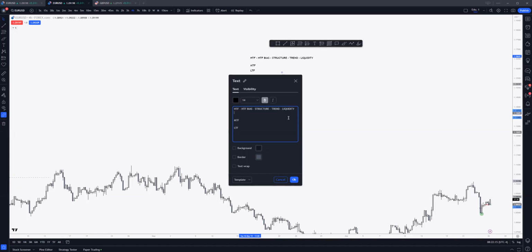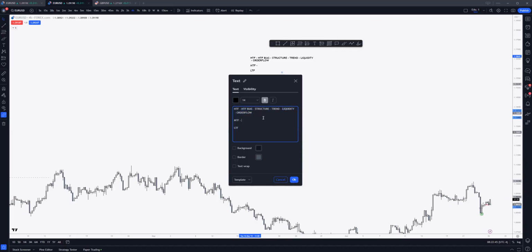And what does this all kind of sum up to here? Structure, trend, liquidity. What does this all equal up to? It would be called order flow. Okay, and order flow is the main one. All of these combined is order flow. But the main thing is HTF bias, and also where is liquidity, because liquidity is a massive part of bias.